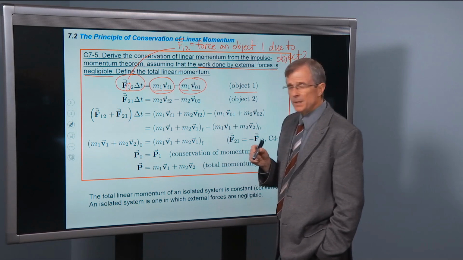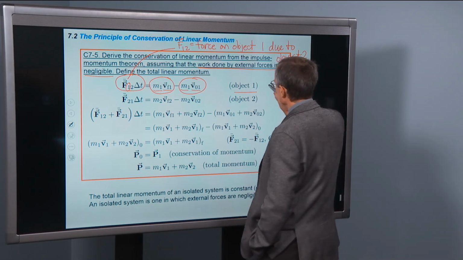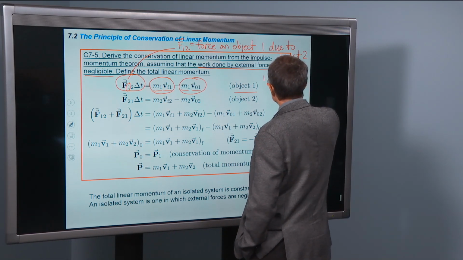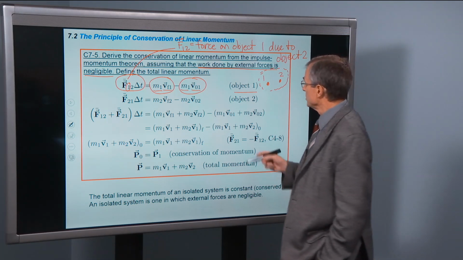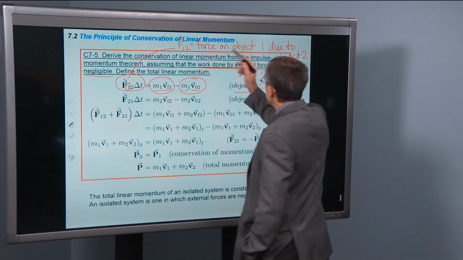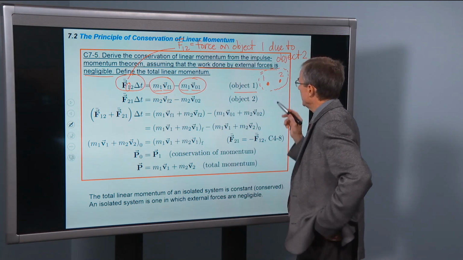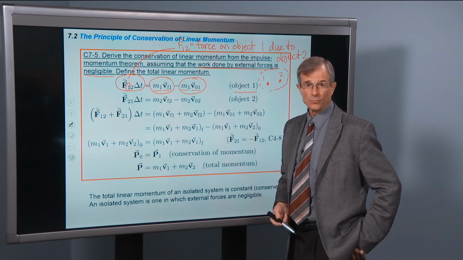And we're going to be assuming a system that includes both objects. So here's object 1, here's object 2, here's our system. It includes both of them. So this force, this F12, the force on object 1 due to object 2, is an internal force.